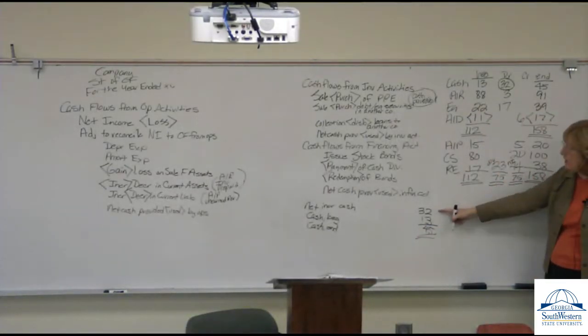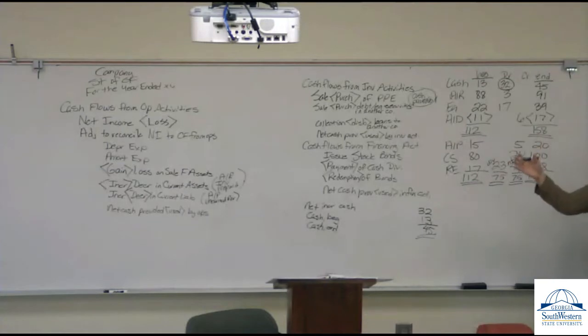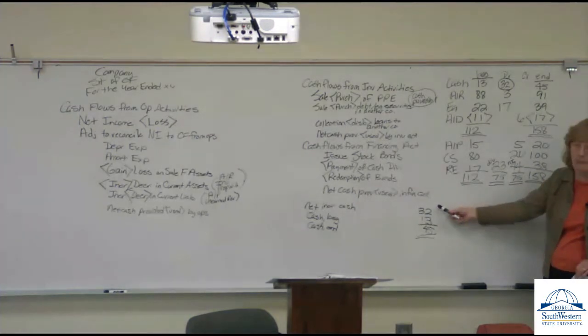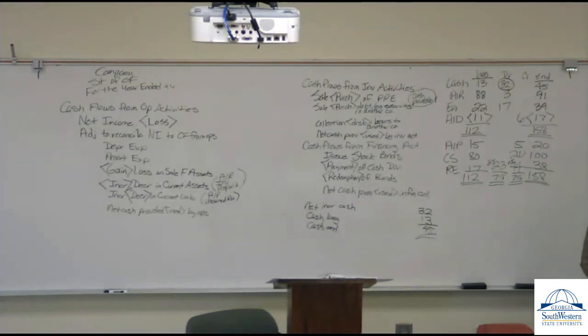What three things are going to add up to 32? Those three sections: operating, investing, and financing. The totals of those three things are going to add up to 32. Okay? So, usually I go backwards in this thing.